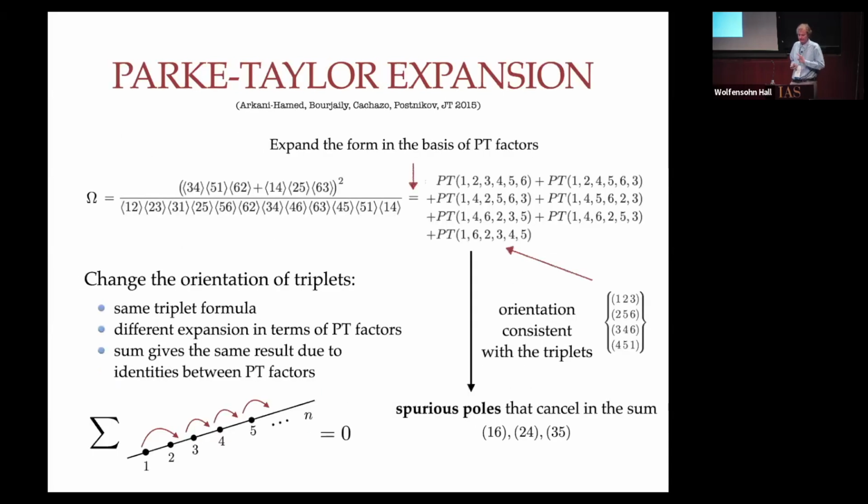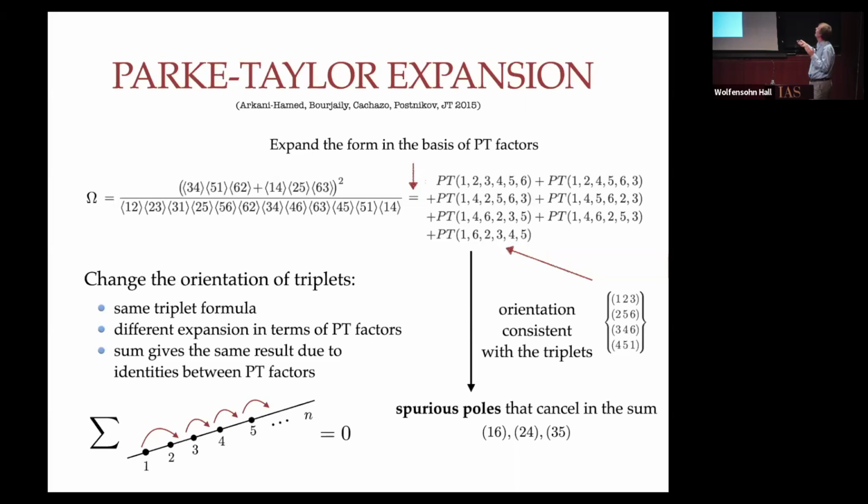And the numerator will play a crucial role later. Now, as I said, these Parke-Taylor factors with different orderings form a basis, so I can take this form and just expand it in terms of these Parke-Taylor factors. And there is a very straightforward procedure to tell which of these Parke-Taylor factors are there in the expansion. They are all Parke-Taylor factors which are consistent with some orientation of these triplets.